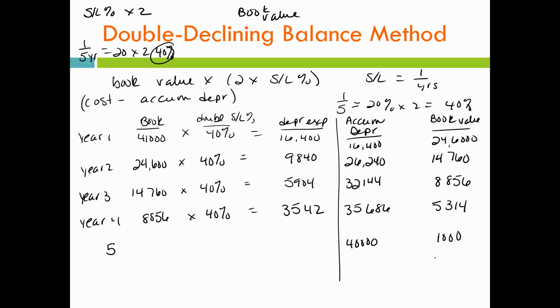So in order to get the accumulated depreciation up to $40,000, that means the depreciation expense here has to be $4,314, which is just my previous book value minus what I want the book value to be. So that's just the $5,314 minus $1,000. And that's only because I'm only doing it for 5 years and I need to end at $1,000.